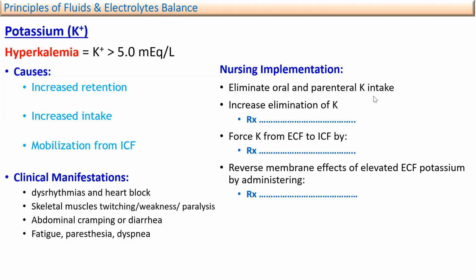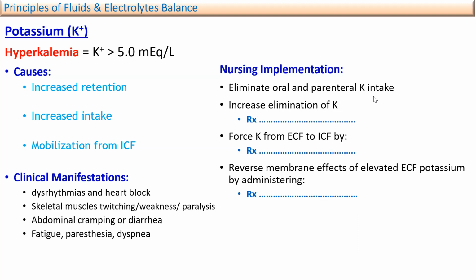Potassium is supposed to be in the plasma between 3.5 and 5.0. Causes of the increased retention of potassium: either the kidneys fail to excrete it, so renal failure, chronic kidney disease, CKD, or end-stage renal disease, so renal dysfunction. Second is potassium-sparing diuretics.